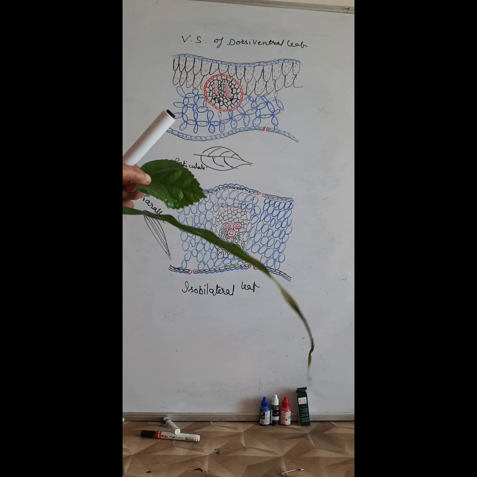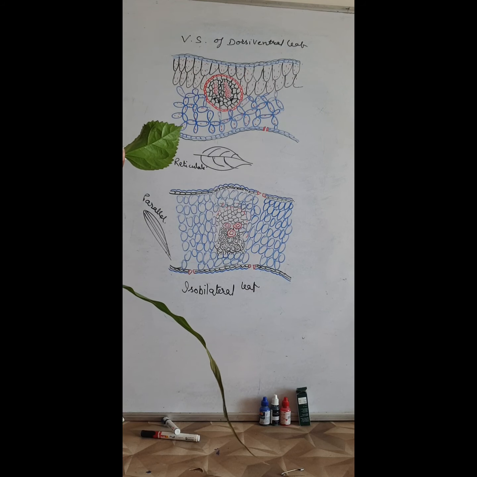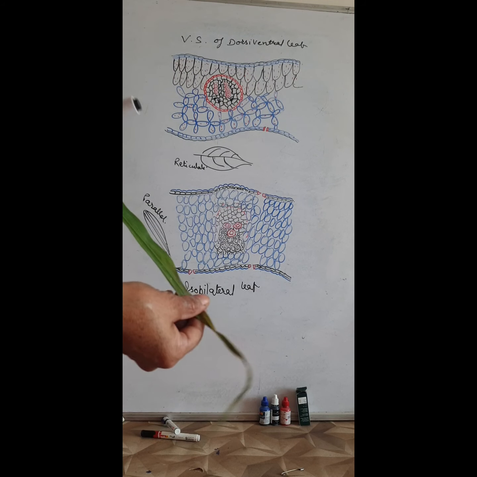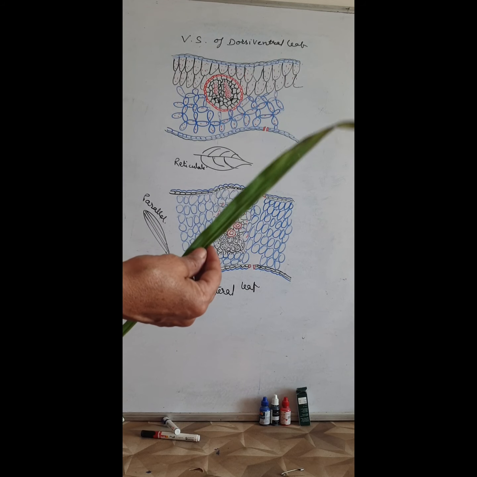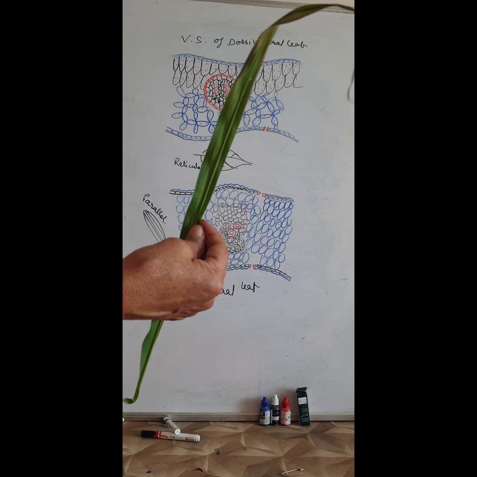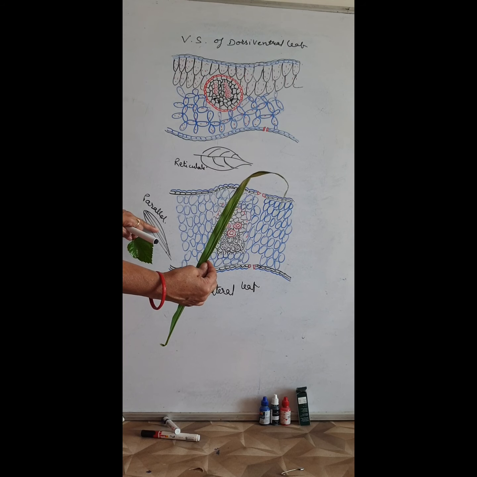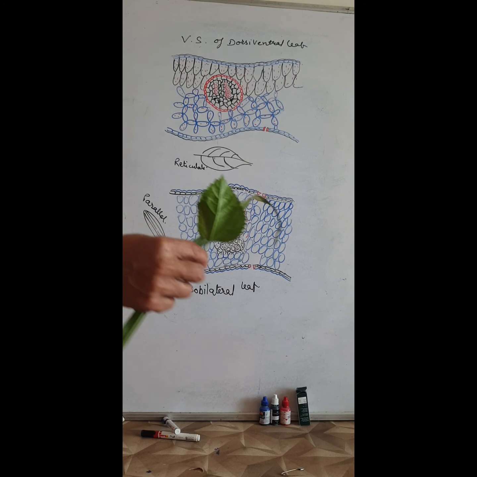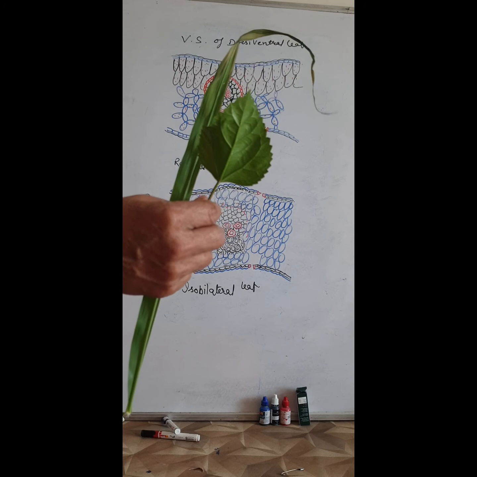The upper surface is more green than the lower surface. And this one is the example of a monocot leaf, or we can say the isobilateral leaf. The isobilateral leaf has the parallel venation and the dorsiventral leaf has the reticulate venation. So it is clearly visible in both the leaves.